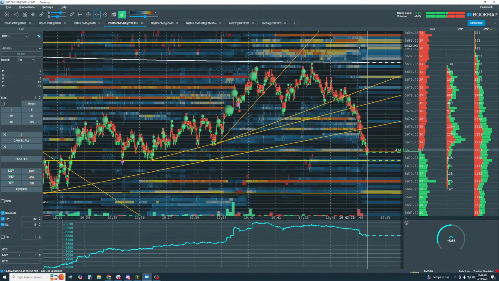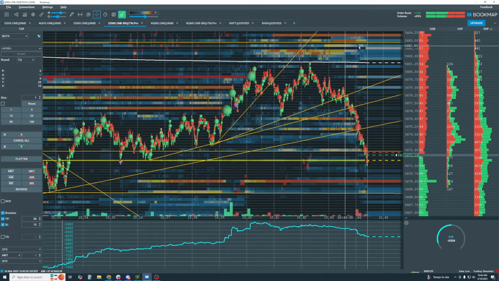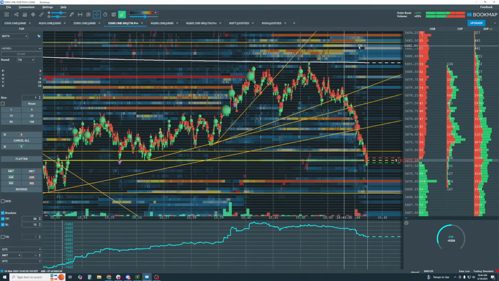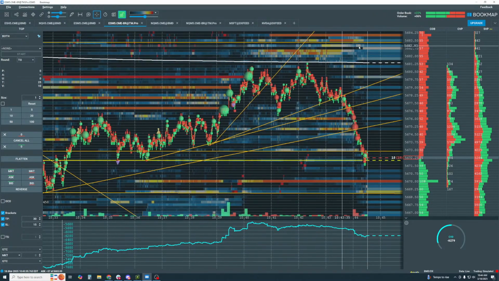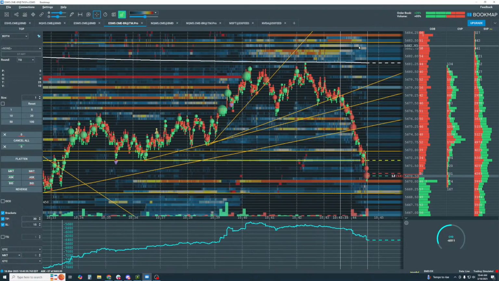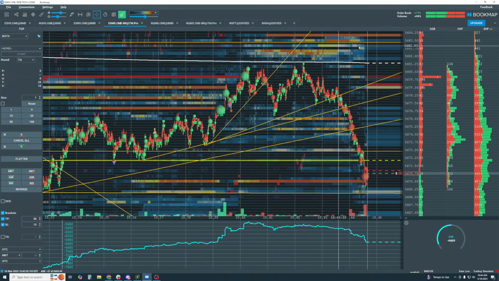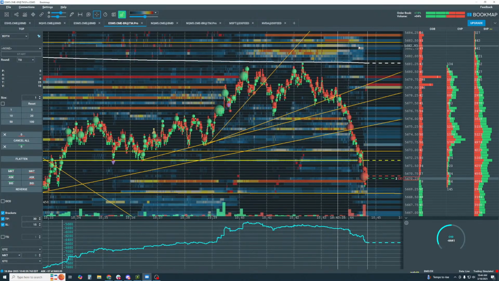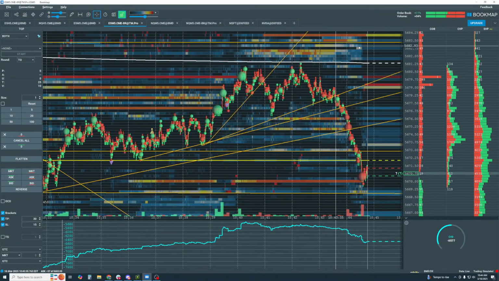Look for really high quality setups, or just really reduce your risk. So if you're trading e-minis, go into micros, etc.